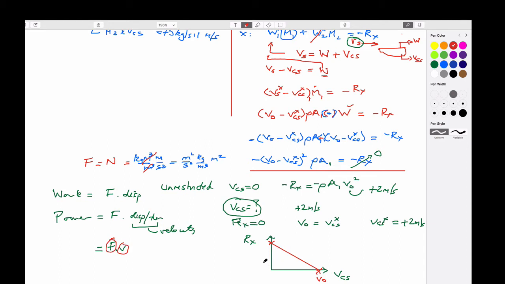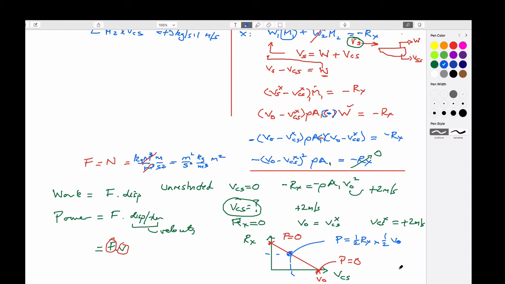But you can see that the power here is equal to 0 because it's a finite force, but it's no velocity. And the power here is also equal to 0 because it's a velocity, but there's 0 force. And the only place where work is done is in this intermediate one, where the power would be equal to something like a half Rx, which is this value here, times a half VCS, V0, half the velocity of the water.